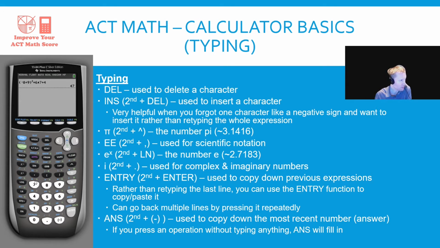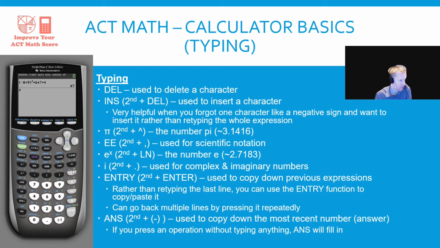The next button I want to talk about is EE, and the way you access it is you hit second and then the comma button. Notice when it shows on the screen, it only shows as one E, even though on the calculator itself it has two capital E's. This is just used for scientific notation.